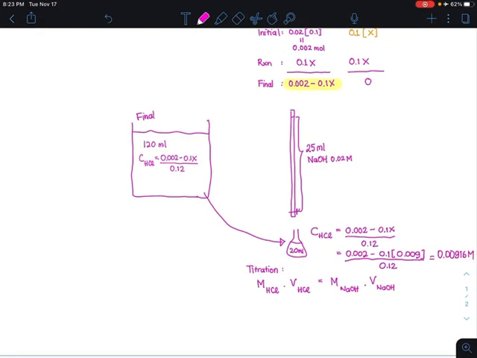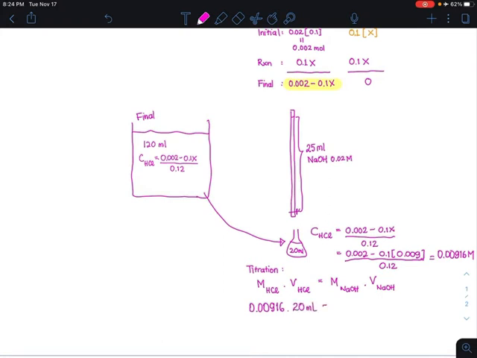So the concentration of HCl is 0.00916. The volume of HCl is 20 milliliter.